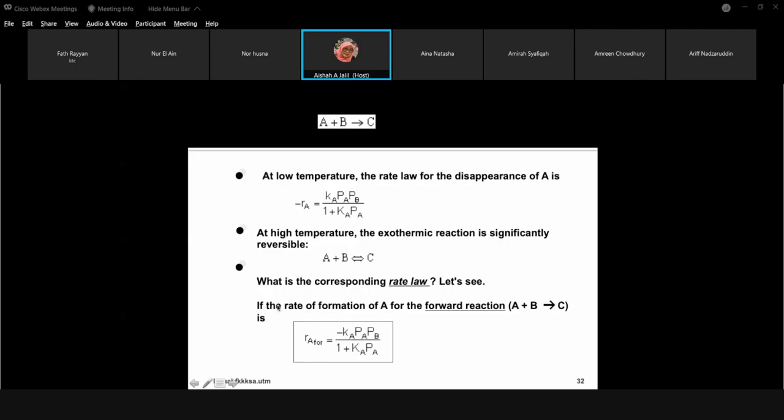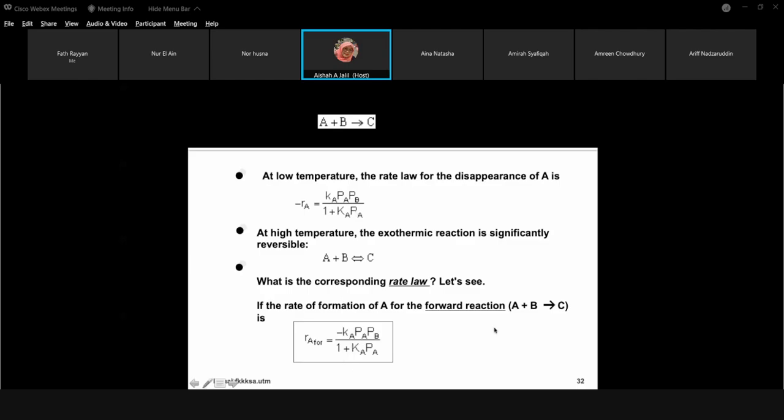Let's see later. If the rate of formation of A for the forward one is like this, you see this is same to this, but the negative is here, okay? Move to here, but this is RA forward, okay, same.